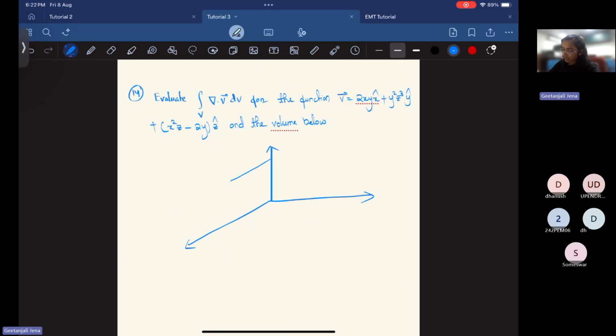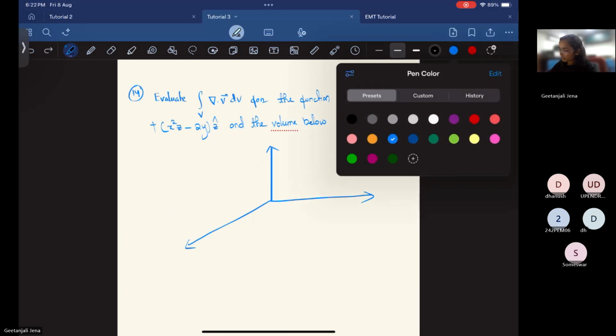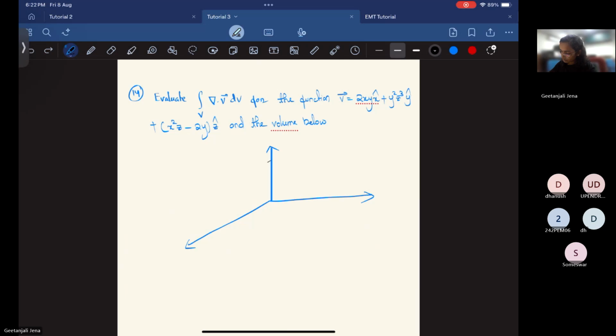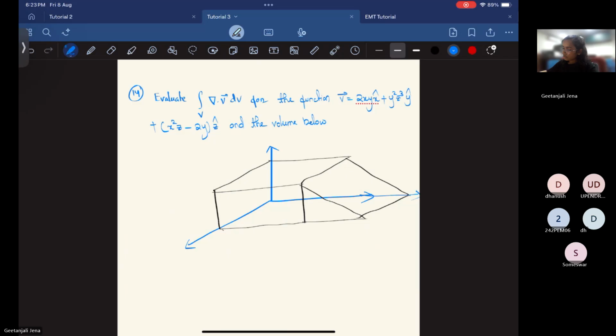So you have a volume like this. This is the volume, and the intercepts are on x, this is y, and this intercept is 1 for y.